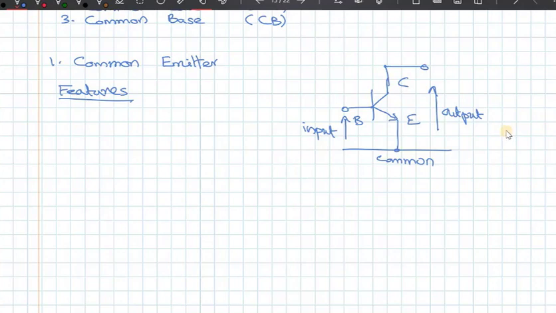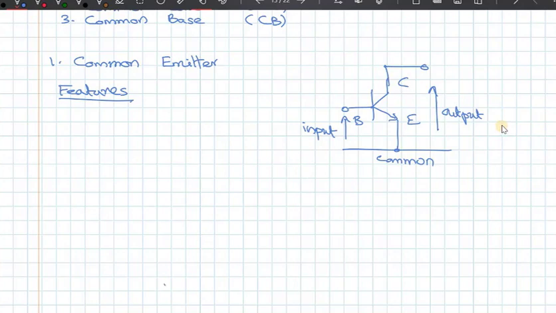So what are some general features about amplifiers in each of these BJT configurations? When it comes to common emitter amplifiers, the input impedance is not very low, not very high, but moderate, in the range of about 1 kilo ohm.